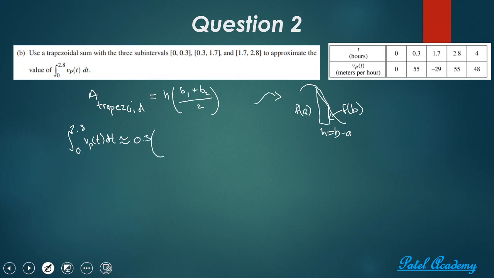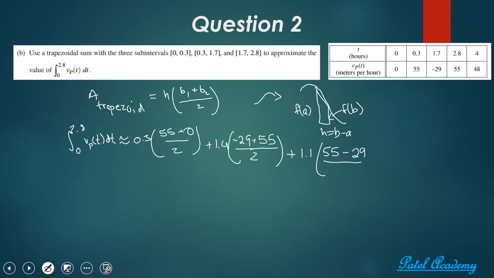Our base 1 is going to be the function at 0.3, so 55, plus 0, over 2, plus, in this next interval, 1.4 times, now we have negative 29 plus 55 over 2, and then plus this final one, which is 1.1 times, now we have 55 minus 29, because it's plus negative 29, over 2.